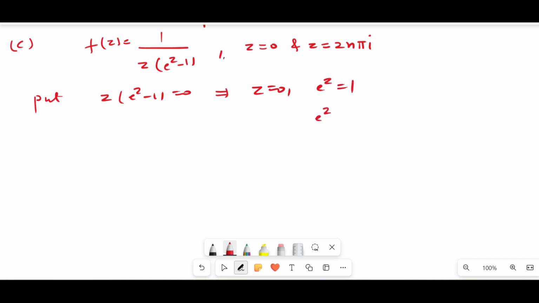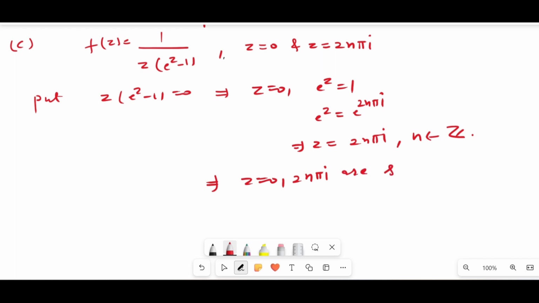So e to the power of z is equal to 1, that is we can write 1 as e to the power of 2n pi i. So from here the value of z is equal to 2n pi i, where n belongs to the set of integers Z. So z is equal to 0 and 2n pi i are singular points.